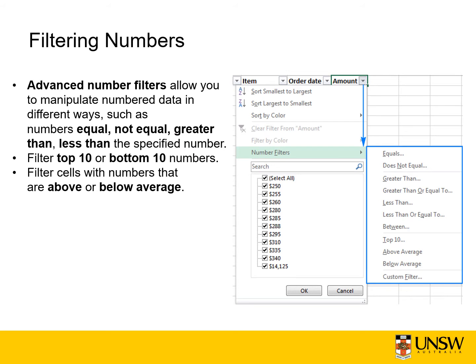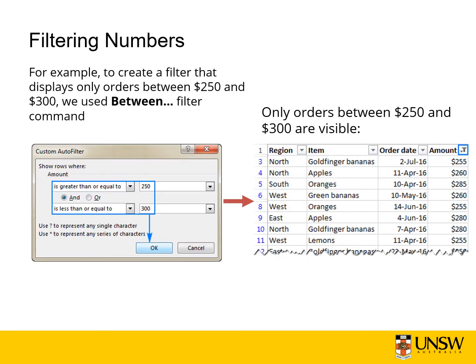The second type of filter is filter by number. Number filters allow you to manipulate numerical data in a variety of ways, including filtering numbers equal or not equal to a certain number, greater than, less than, or between the specified numbers, and filtering cells with numbers that are above or below average. For example, here we use the Between filter command to create a filter to display only orders between $250 and $300.